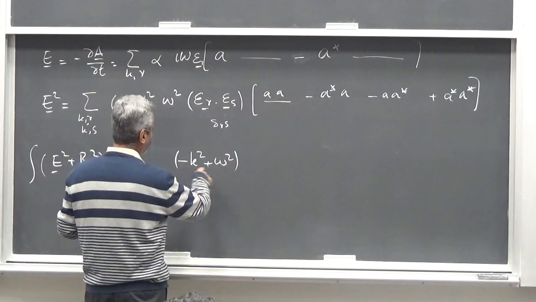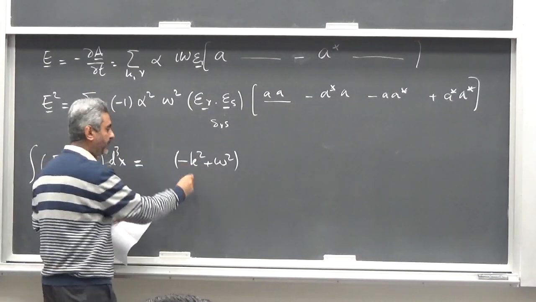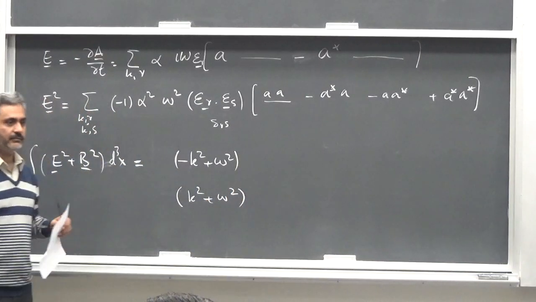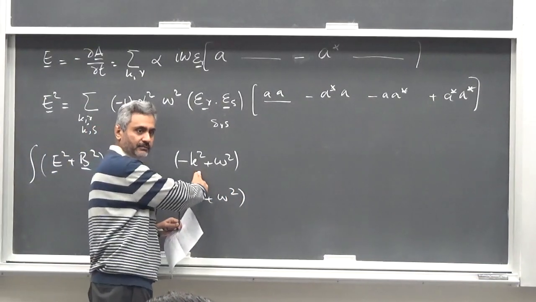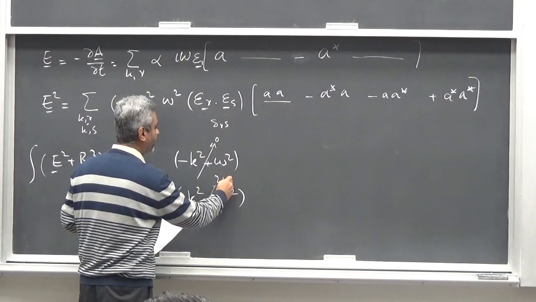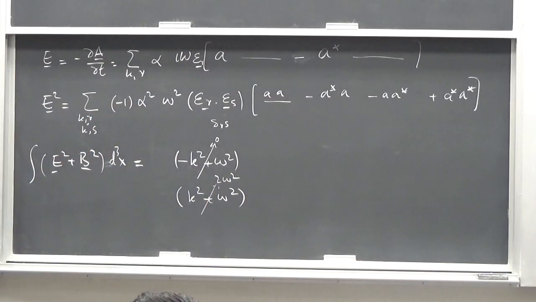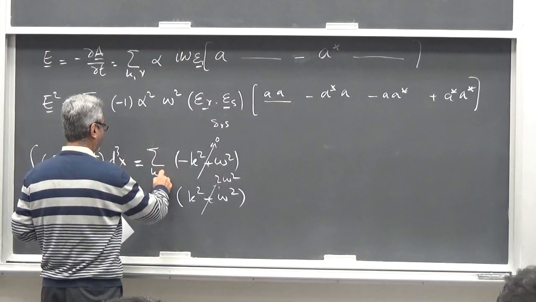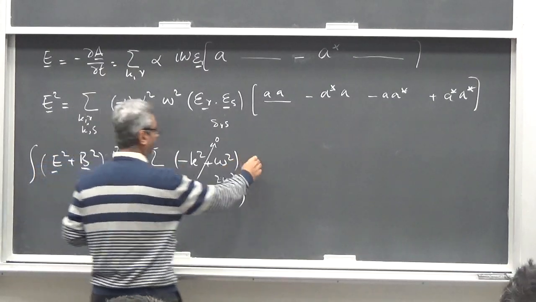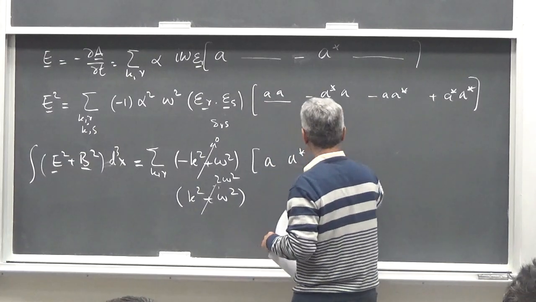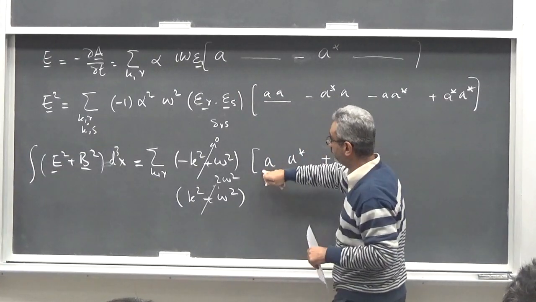Anyhow, so there's going to be a relative sign here, and then there are going to be terms where there's not going to be any relative sign. And since this cancels out, this goes to 0, and this goes to 2 omega squared. And there is a sum over k r, and then you have an a with a star plus, oh yes, there's a negative sign here.